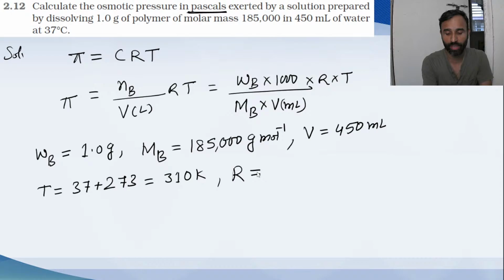Now R. So now we put the value of R. You know capital R is 8.314 joule per Kelvin per mole.